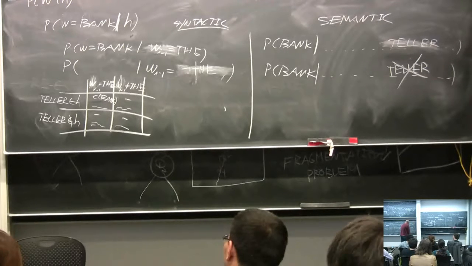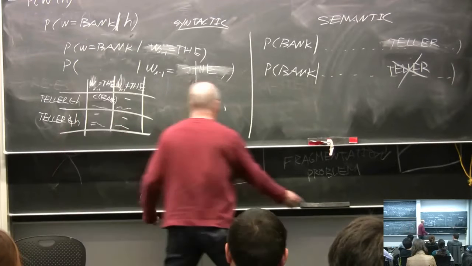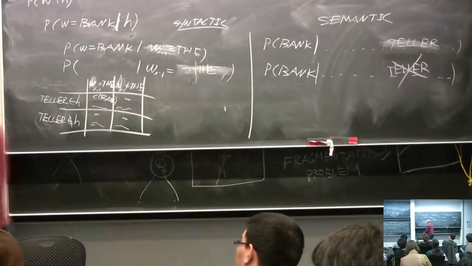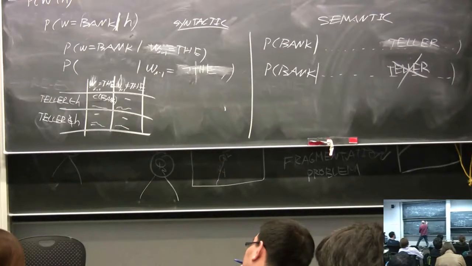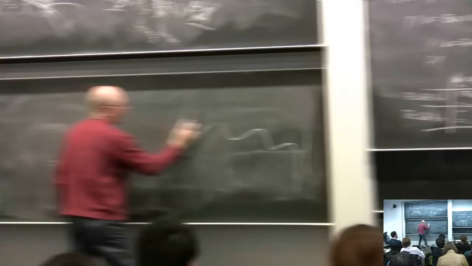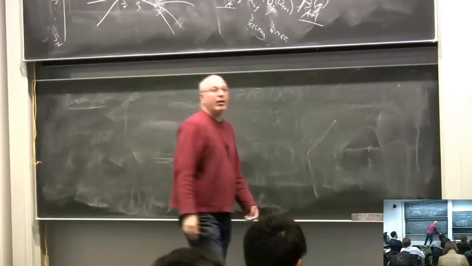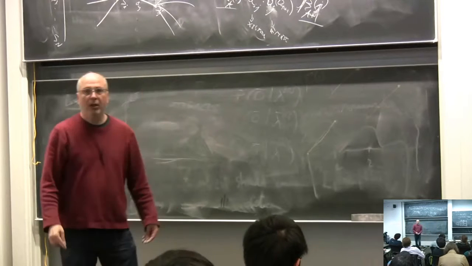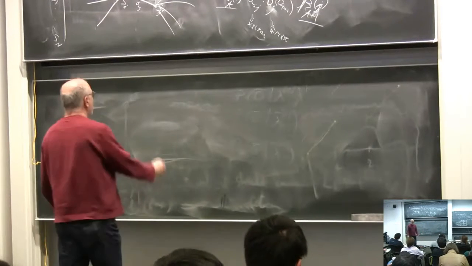We can say that the probability of bank is a linear combination of its probability according to the different features.